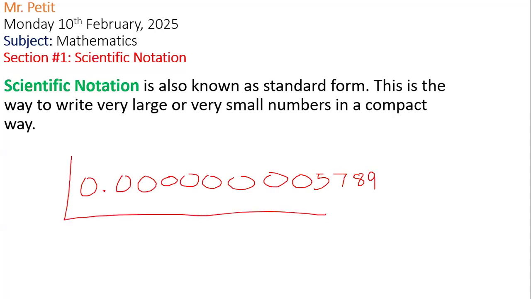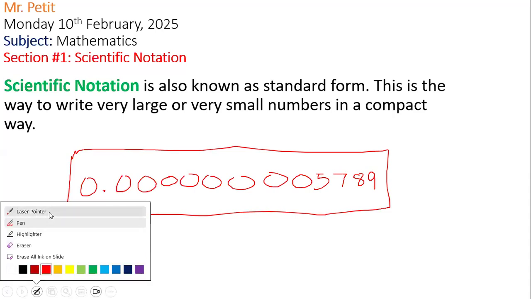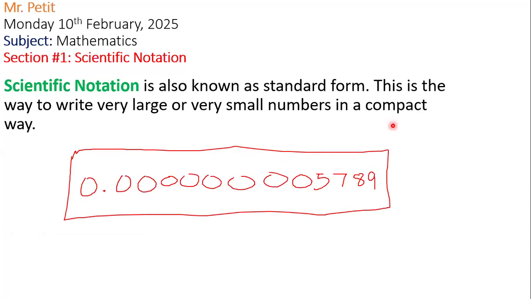This is a very small number, right? Who would be dealing with these sorts of numbers? Scientists and engineers, when they're figuring out how many atoms can fit into a certain test tube, or how many cells can fit into a certain thing. We would definitely be dealing with very, very small numbers.